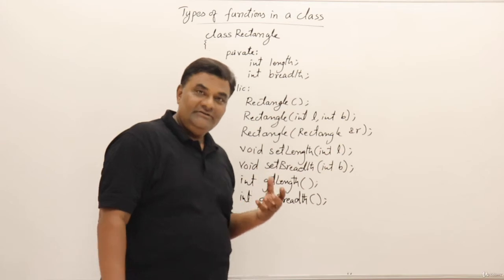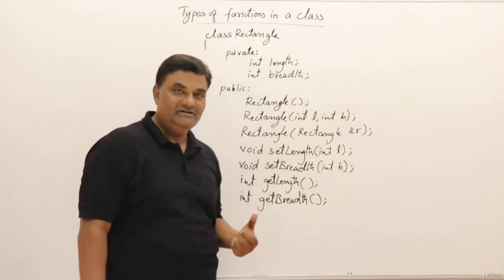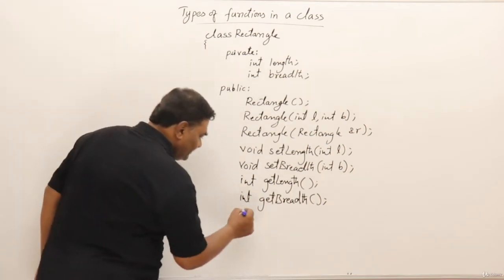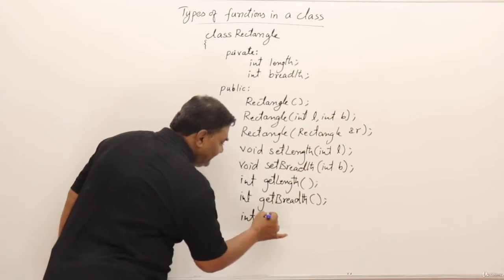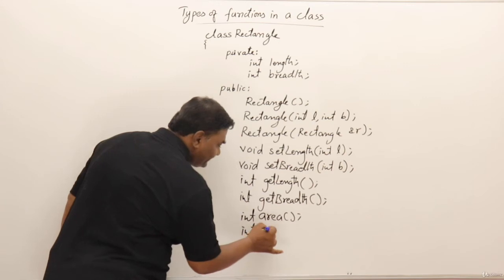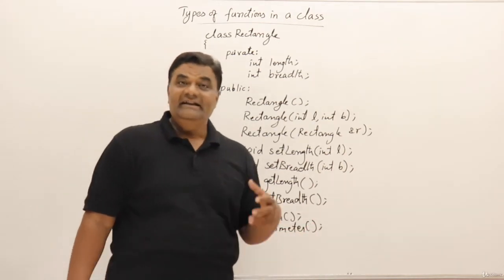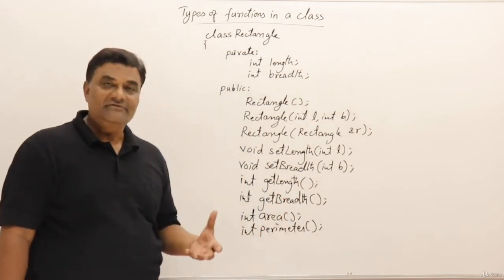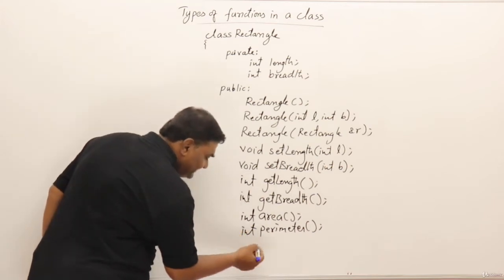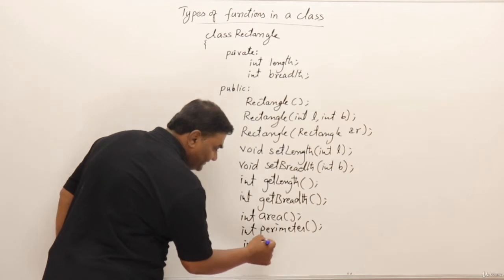Now the actual functions that are useful for the Rectangle class, that is area and perimeter, such functions are called facilitators. So I have the area function, which we have already seen, and the perimeter function. Then next we can write an inspector function, which will check whether it is a square or not. This returns an integer value, or else it is boolean, so I can write boolean also.